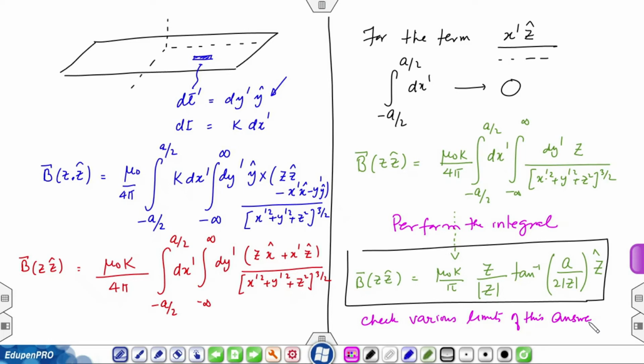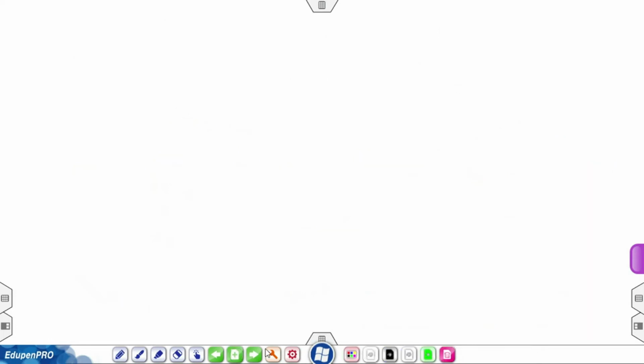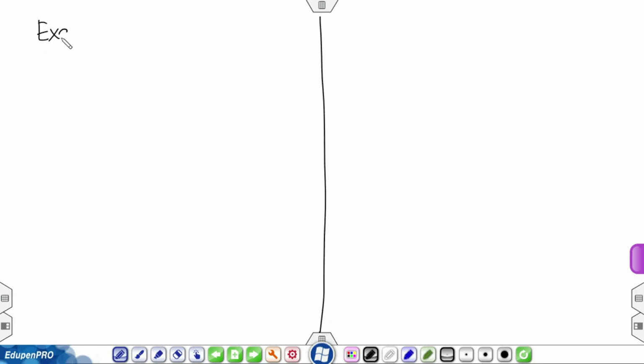As the third example, and this is from Jackson's book.